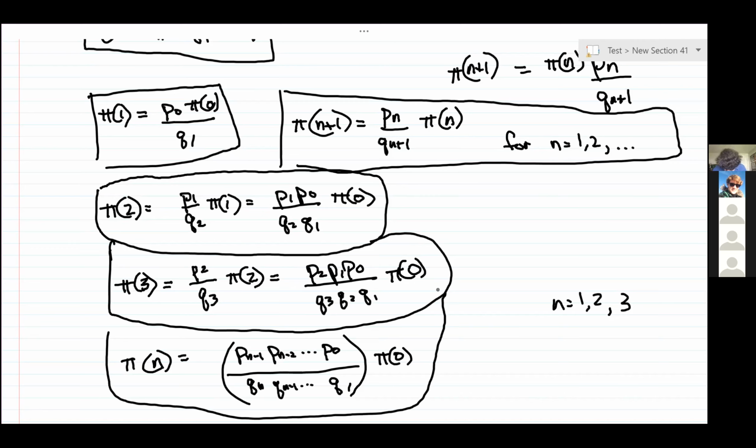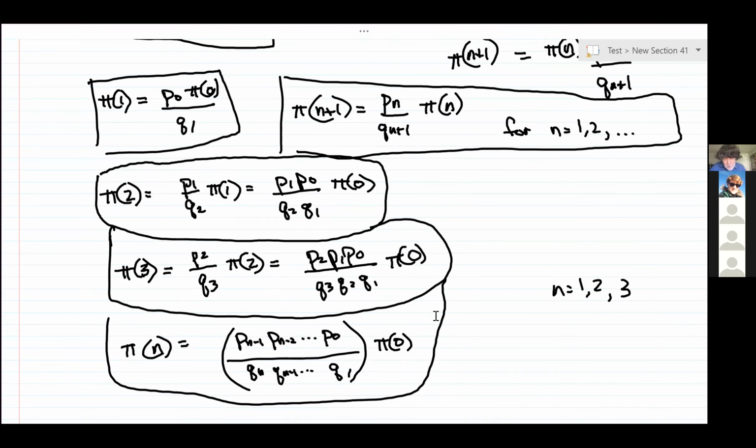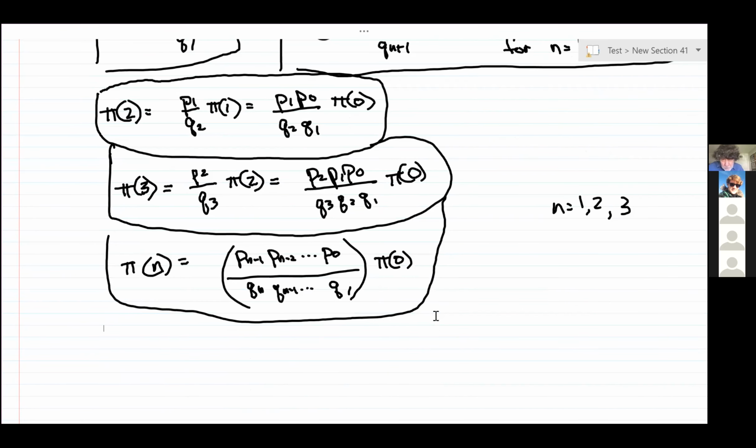So, and I see I'm over time, but I think I can just finish in a minute here. What do we know about the pi's? Pi 0, don't forget, plus pi 1, plus pi 2, plus pi 3, all of these add up to 1. Why?